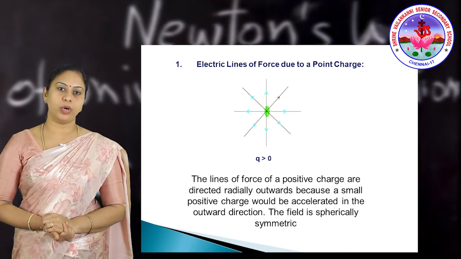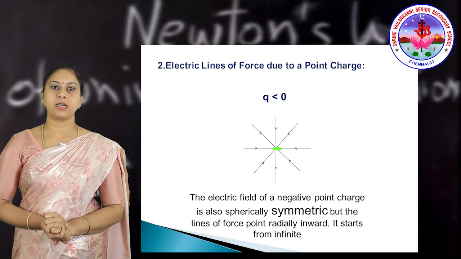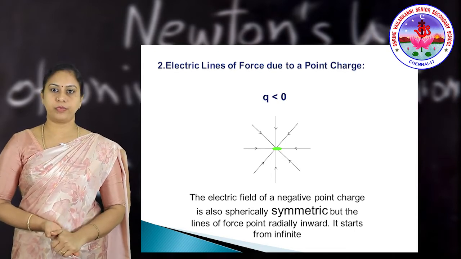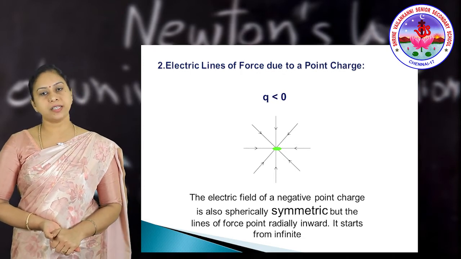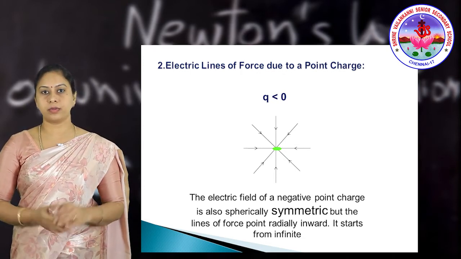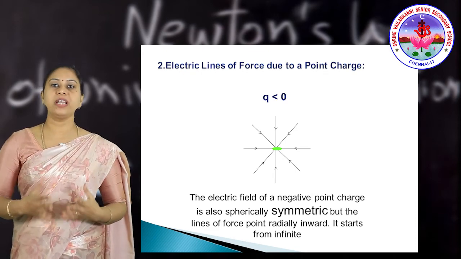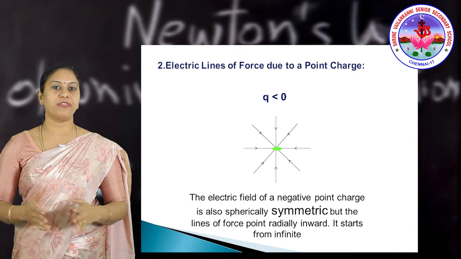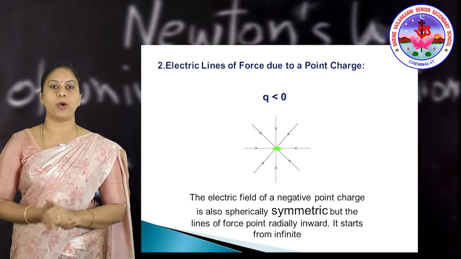See the second diagram, where Q is less than 0, which means a negative point charge. It is also spherically symmetric but inward. Inward means it starts from infinity and ends at the point.